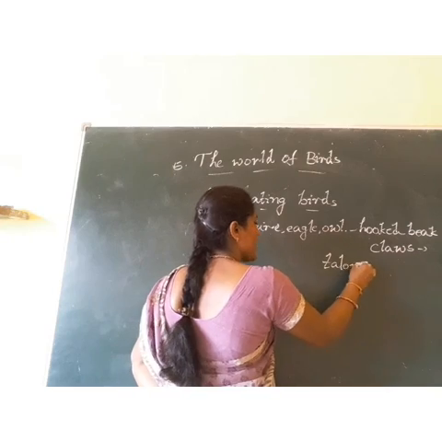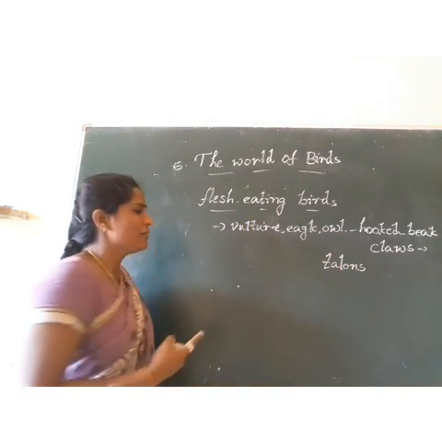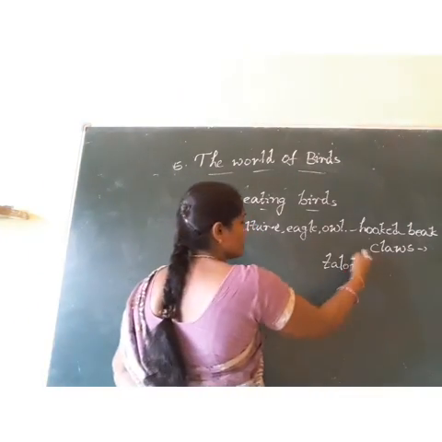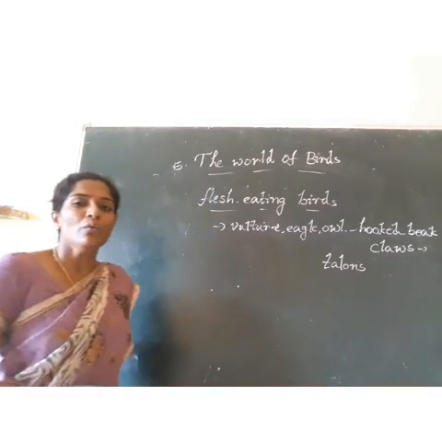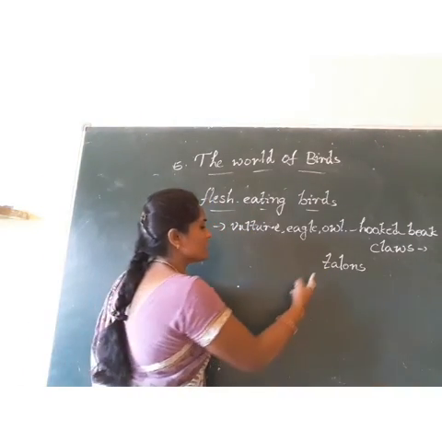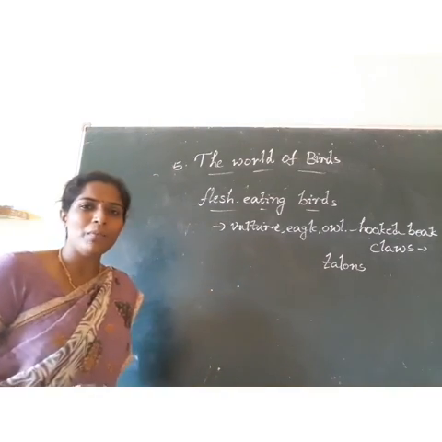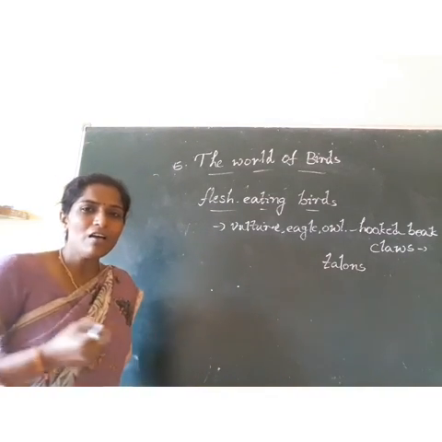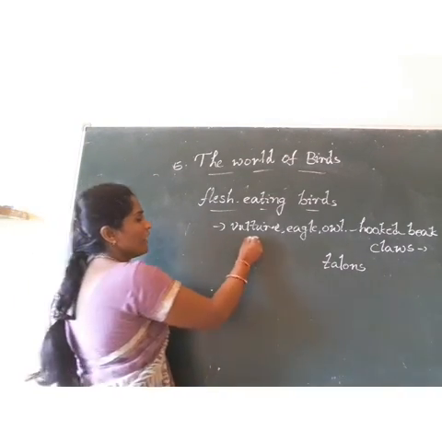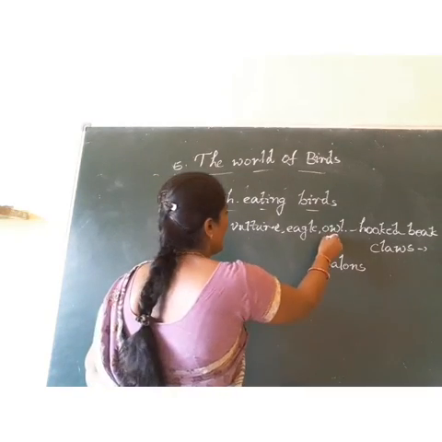that we call as talons. The claws of flesh-eating birds we also call talons. And what is the use of these talons? These talons also help while tearing the flesh. So what are the vulture, eagle and owl?